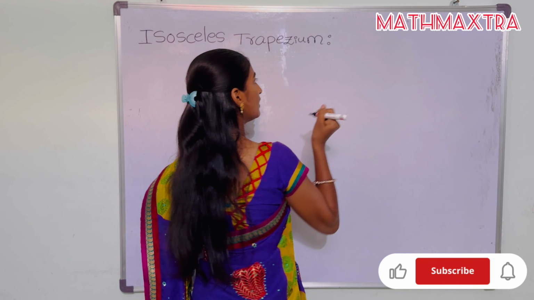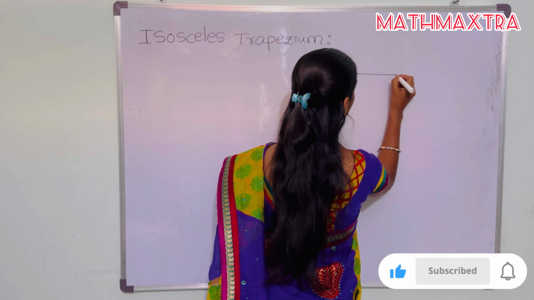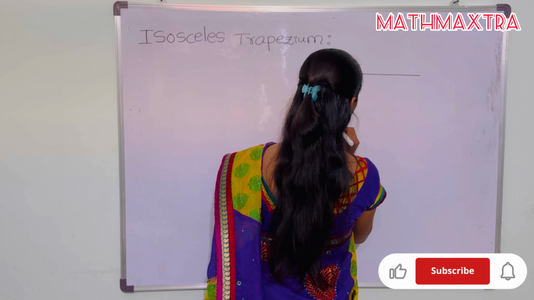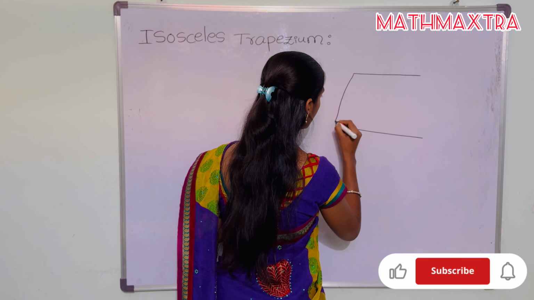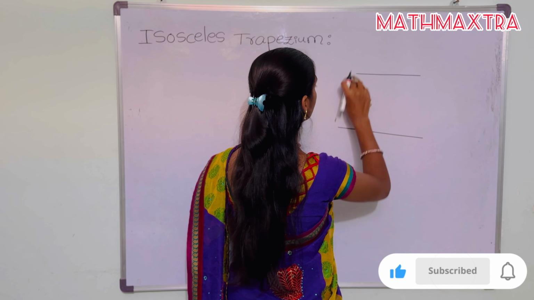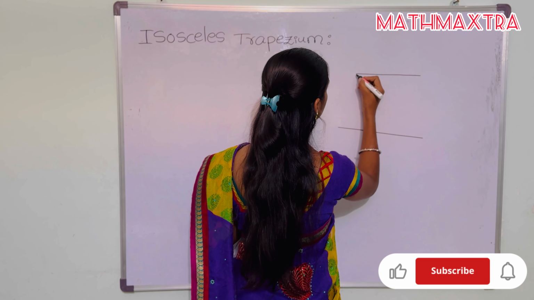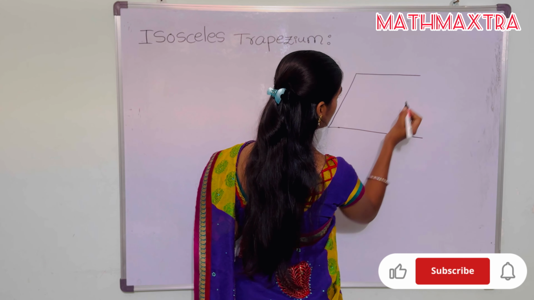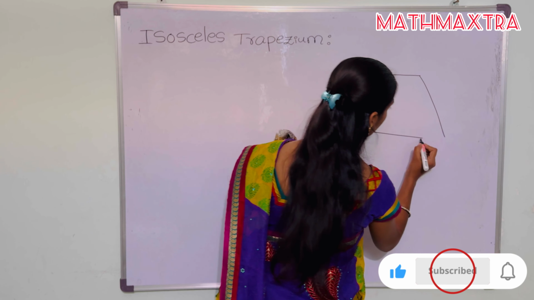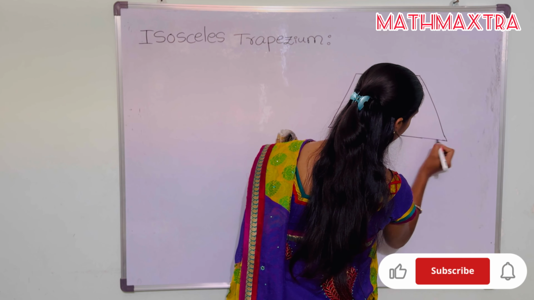See, yesterday we have seen that if a quadrilateral has one pair of opposite sides parallel, then we said that it is a trapezium. And what is an isosceles trapezium?